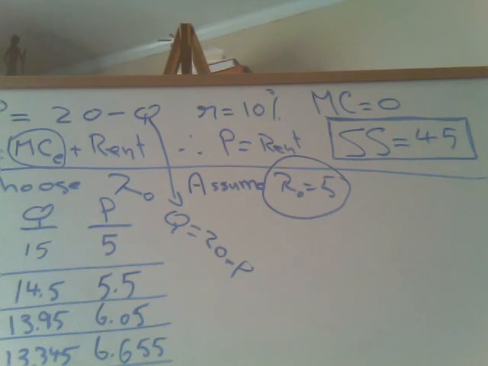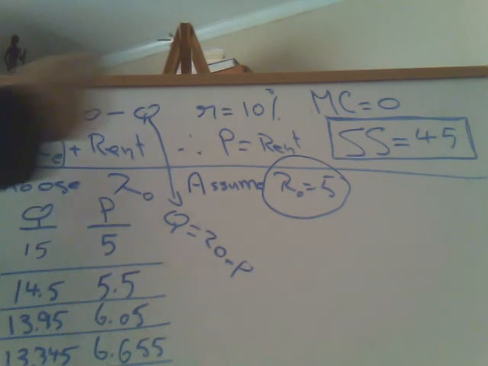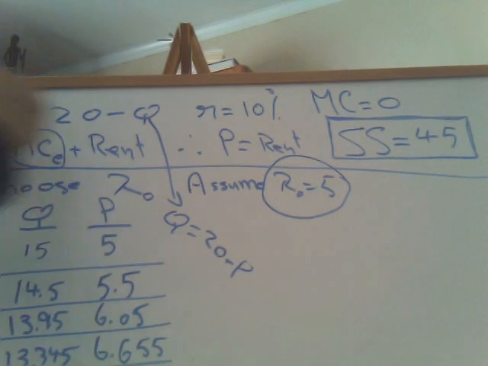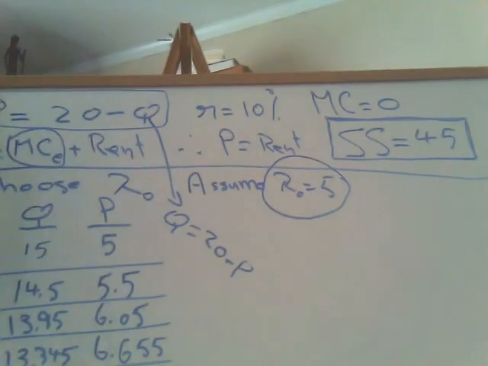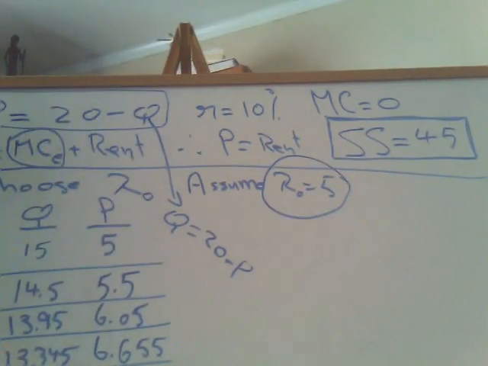Right? Let me give you a few seconds to think about this, because it's not totally spelled out in the book. The highest price that society is willing to pay is when the quantity is 0, right? You have your demand curve.